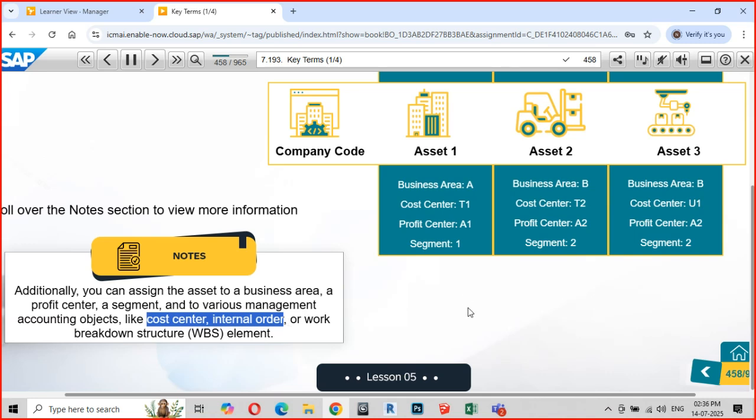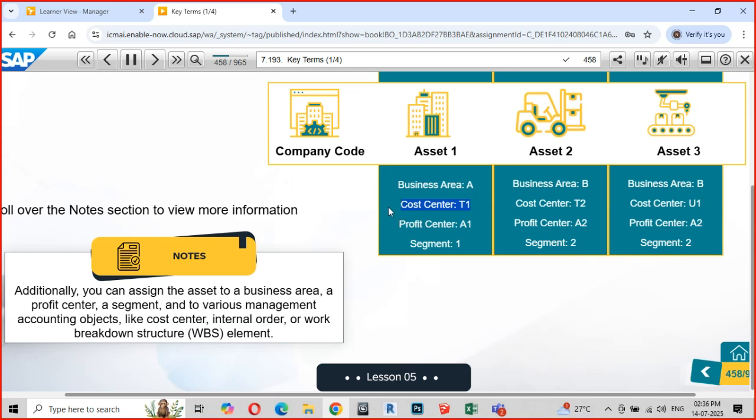Now, as far as your asset acquisition activity is concerned, we set up the SAP system in such a way that the user entering the transaction must definitely also mention the user department, or the department which is the owner of that asset.